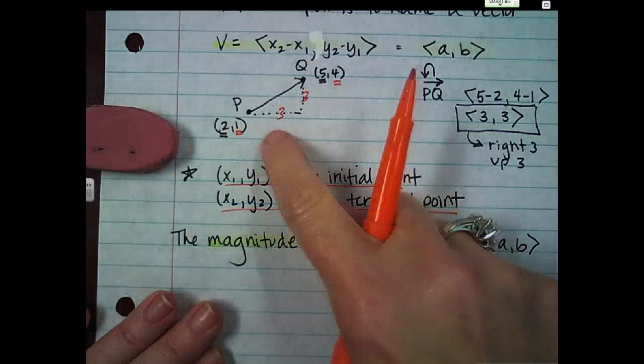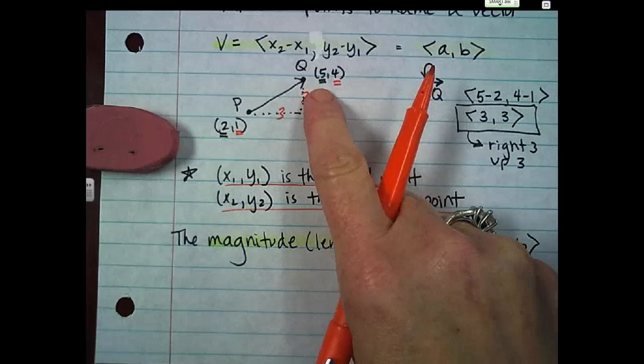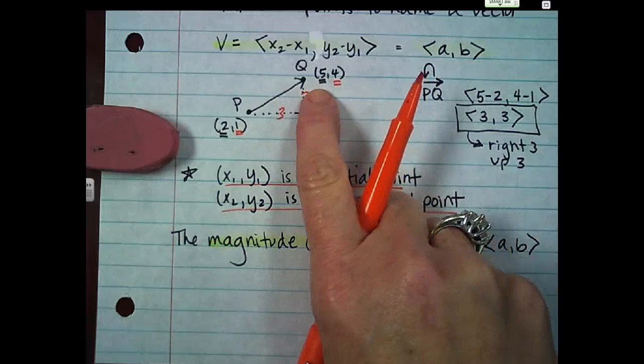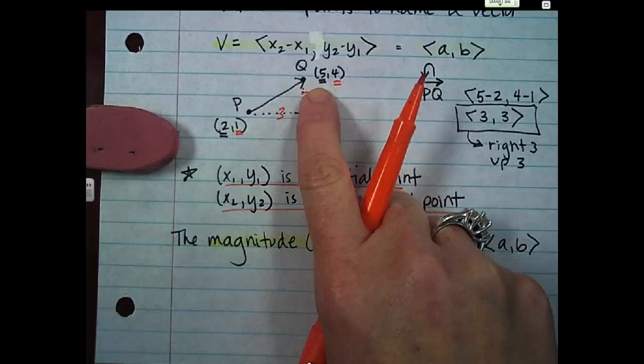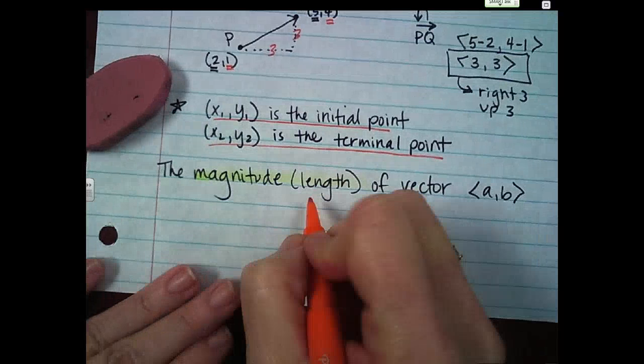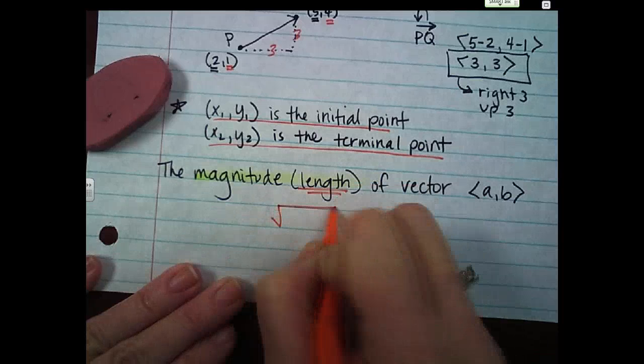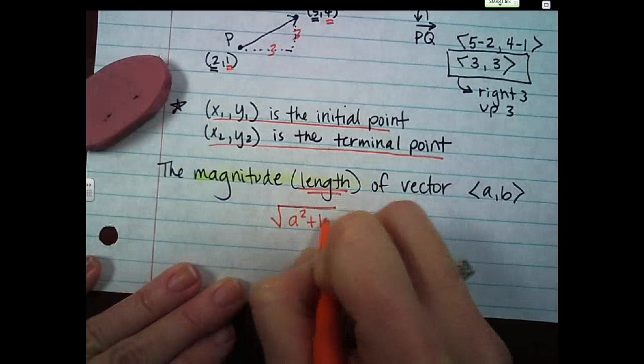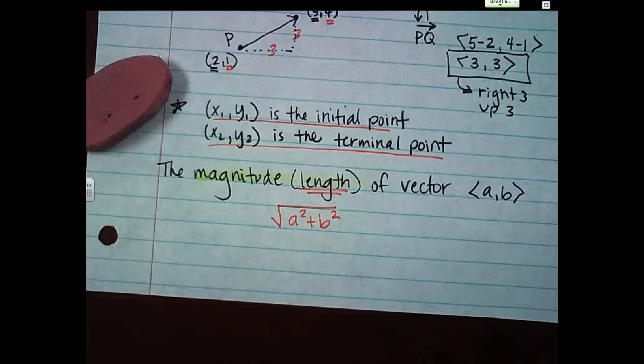We would do 3 squared plus 3 squared, and then what do you always do to your final answer? You take the square root. Good. So the formula is exactly that. To find the magnitude or the length, you take the square root of a squared plus b squared. In other words, you take the square root of the two legs. That's how you find it.